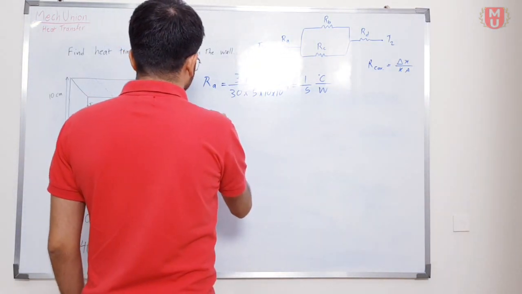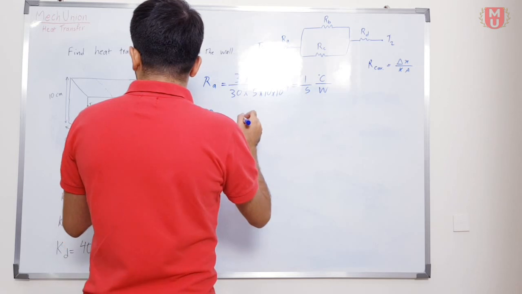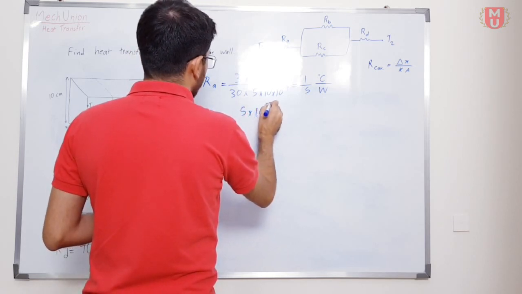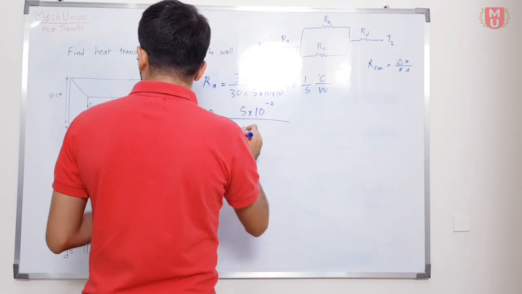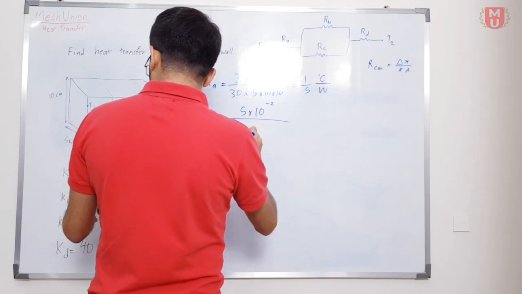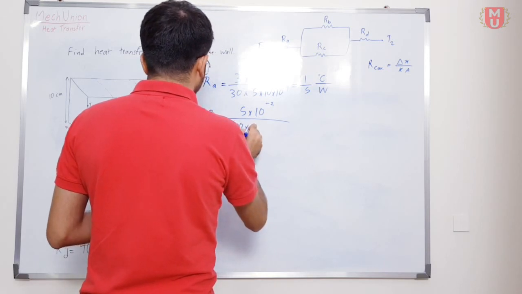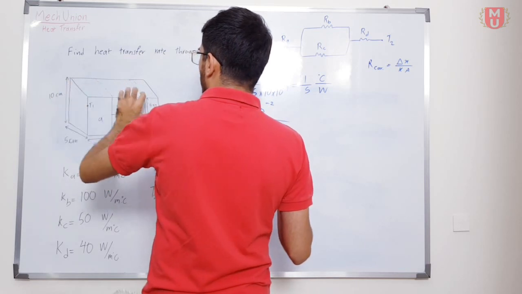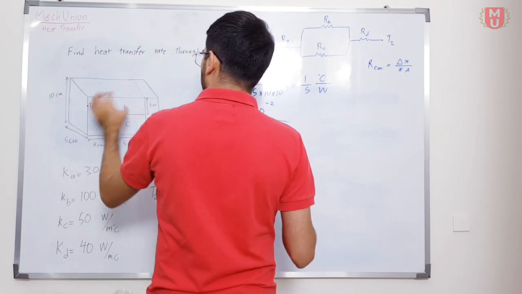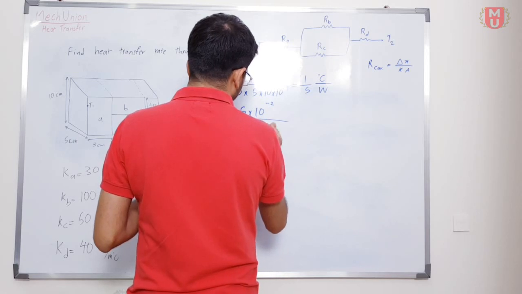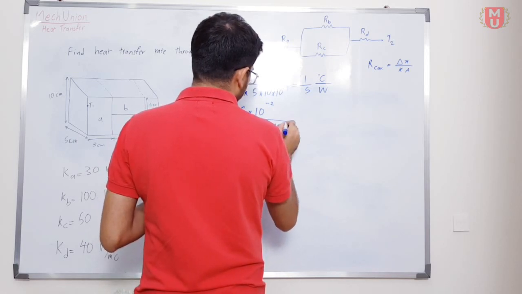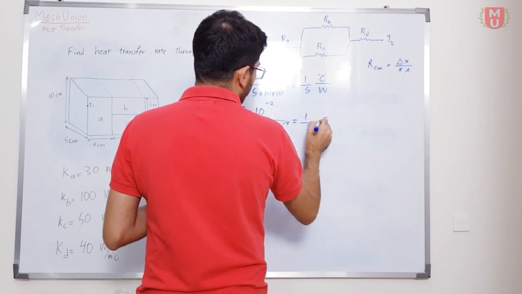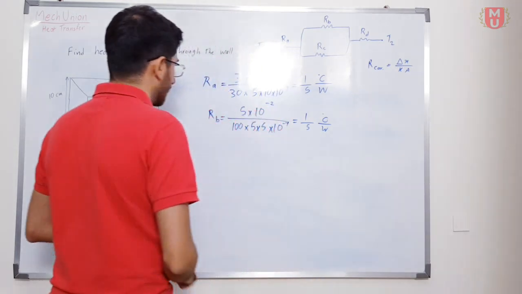R for B block is 5 times 10 to the minus 2 over 100 times 5 times 5 times 10 to the minus 4, equals 1 over 5 degrees centigrade over watt.